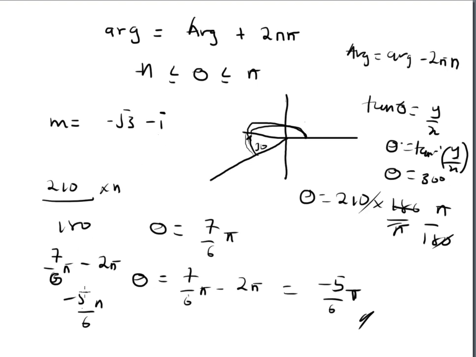I think that's the value we should get. It falls in this interval, negative 1 to 1, right? So that's how we obtain our principal argument in this case.